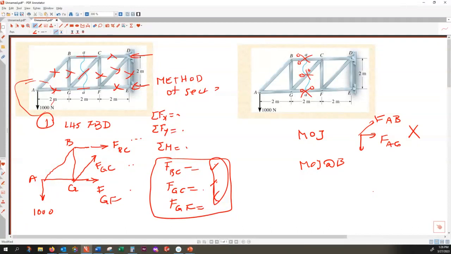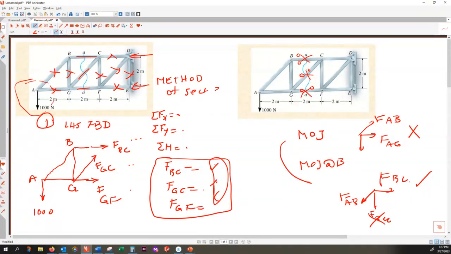Then you get a free body diagram like this one, FAB, which you transfer from that step, and then you have FBC, and then you have FBG. Okay, this is solvable, but the problem is FBG is not wanted. Your boss only wants FBC. So yes, this is not too bad.